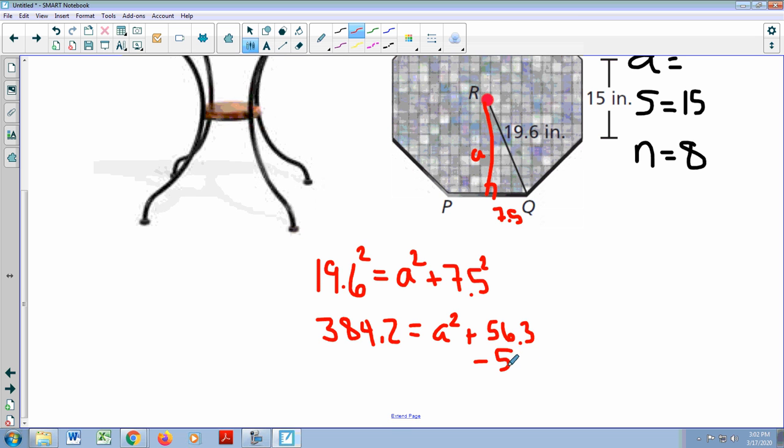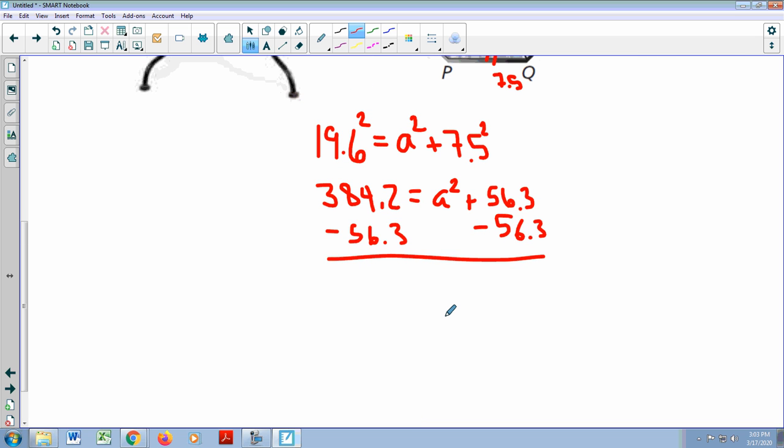I can subtract it. So when I subtract here, 384.2 minus 56.3, I get 327.9 equals a squared.